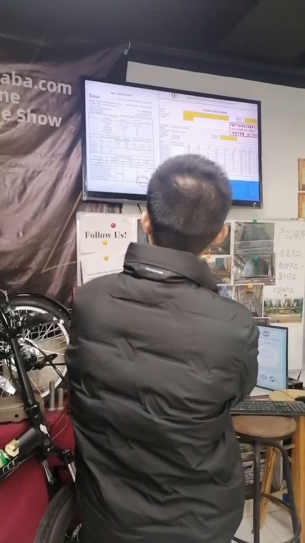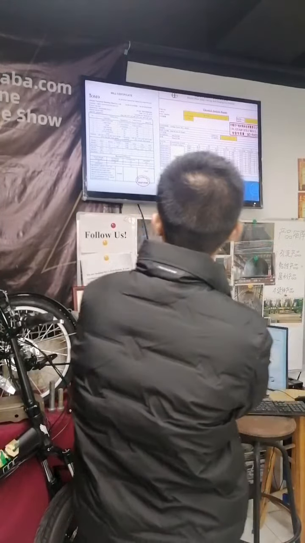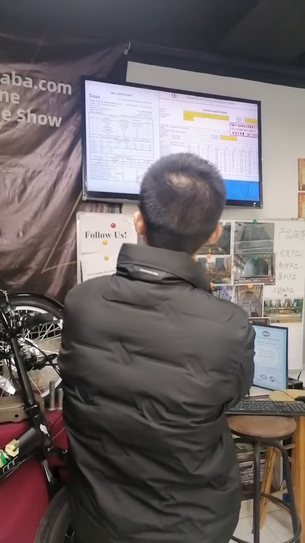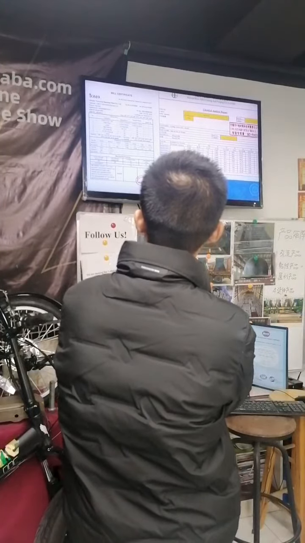The testing items description is width across the flats.